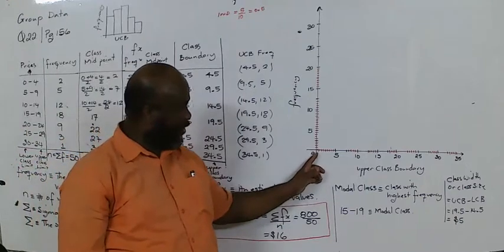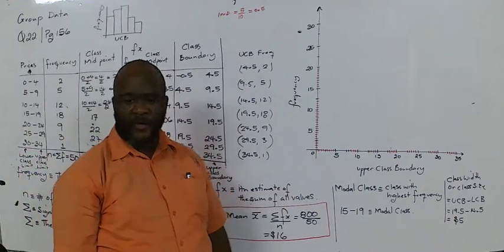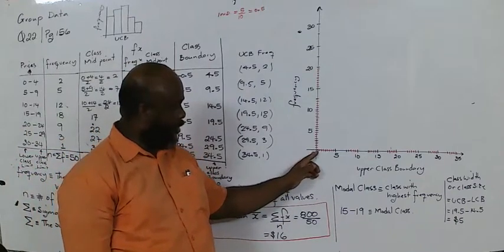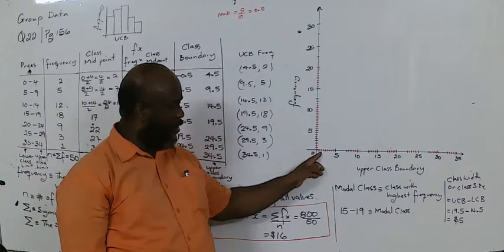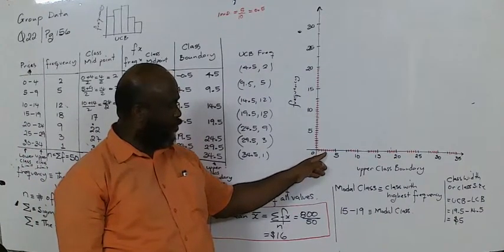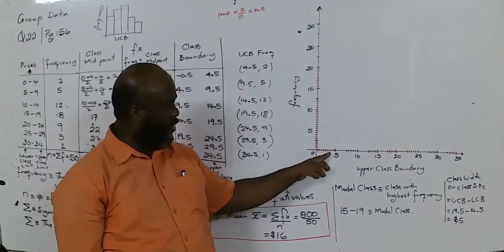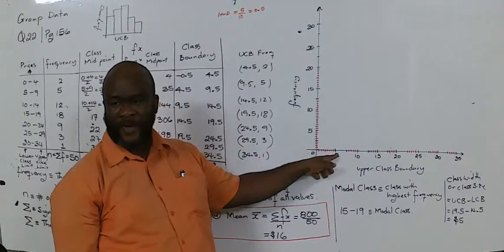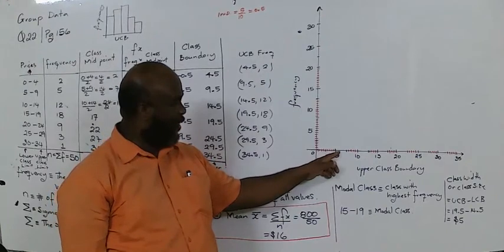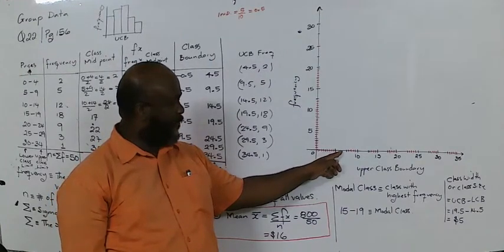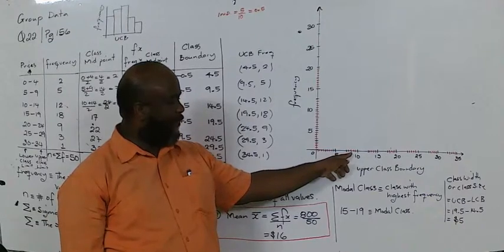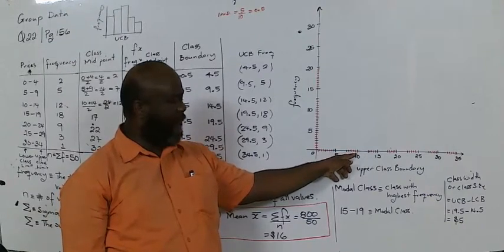Each minor division here is 0.5. So watch this: 0, 0.5, 1, 1.5, 2, 2.5, 3, 3.5, 4, 4.5, 5. Then 5.5, 6, 6.5, 7, 7.5, 8, 8.5, 9, 9.5, 10.